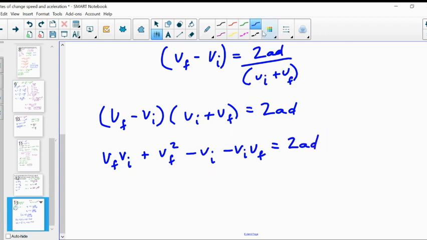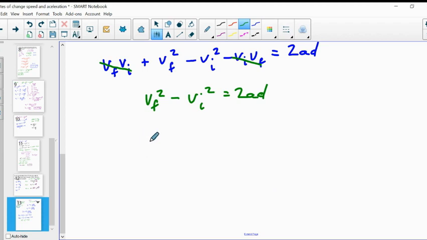I'm sure you'll love your algebra. What you should see, I missed my squared right there. What you should see now is that we have a positive vf vi and a negative vf vi, so they are going to cancel each other out. And what I'm left with is vf squared take away vi squared equals 2ad.